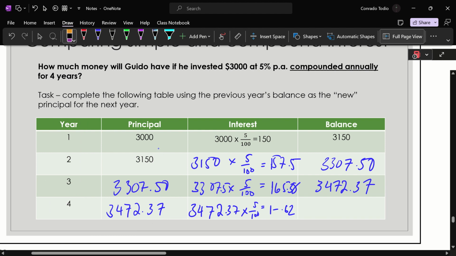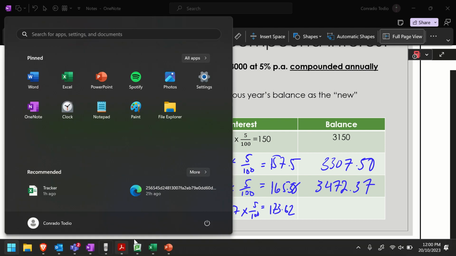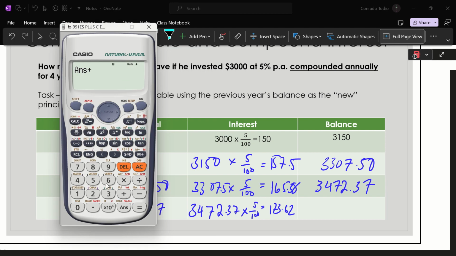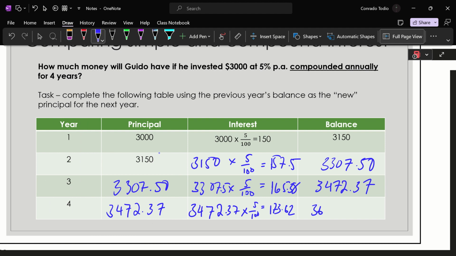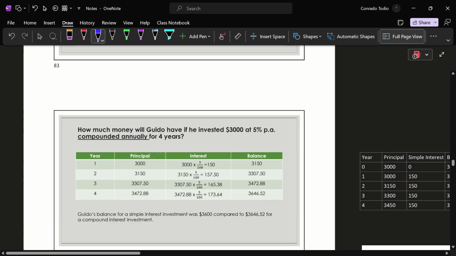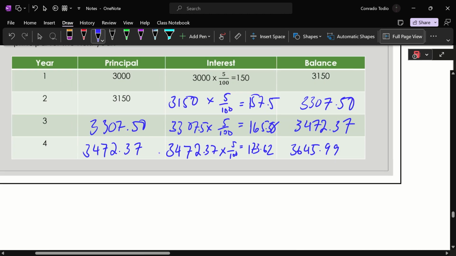And then, after 4 years, let's add that back. 3472.37, and this is depending on the rounding, yeah? So 3645.99. It might be a bit different in the other one, but because of the rounding, that's okay.